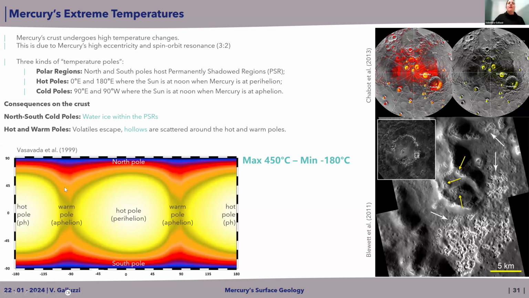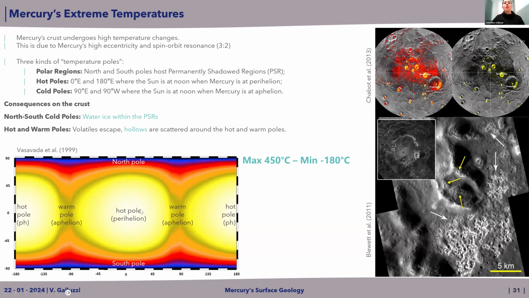When it's at aphelion, it always faces either +90 or -90 longitude. So these are the hot poles, and the warm poles. The cold poles are actually at the north and the south of the planet, but in the equatorial region we can speak about hot poles and warm poles.